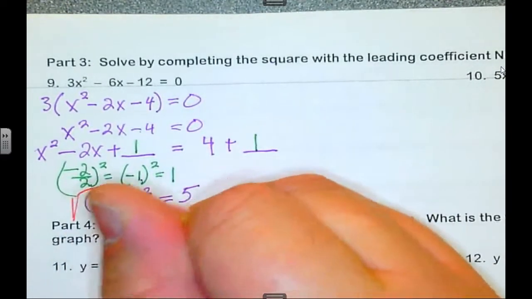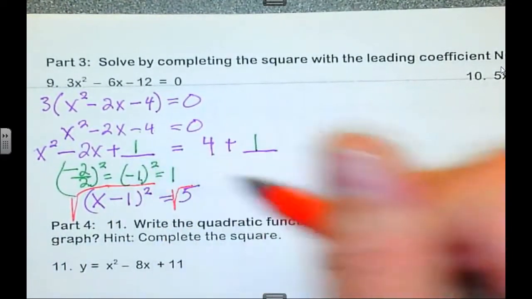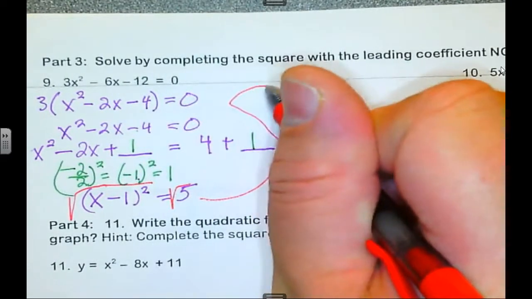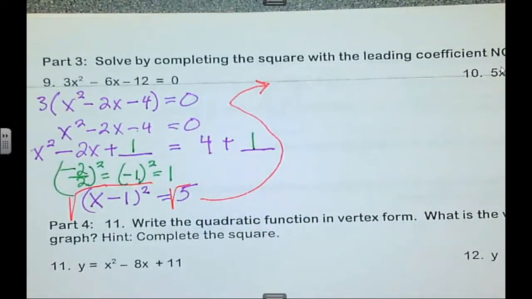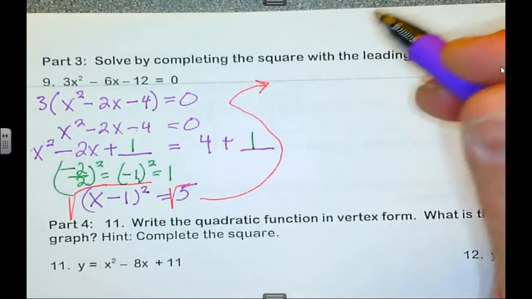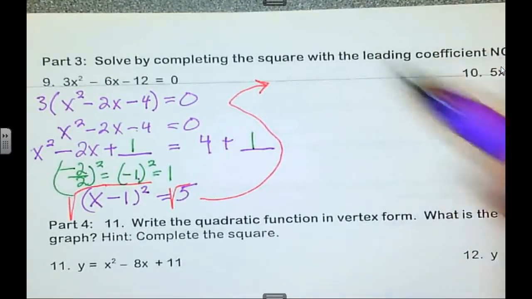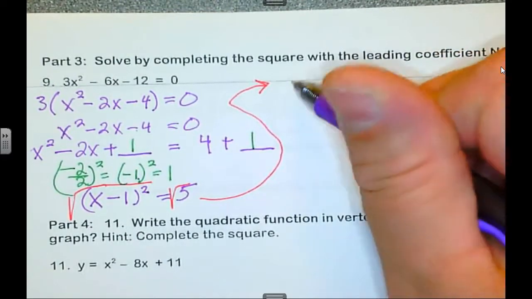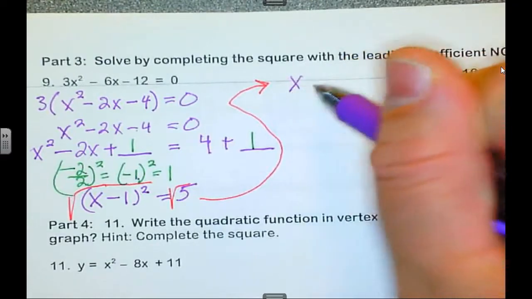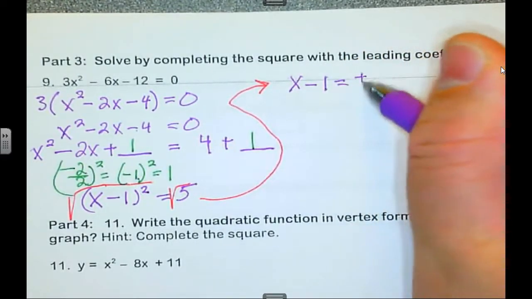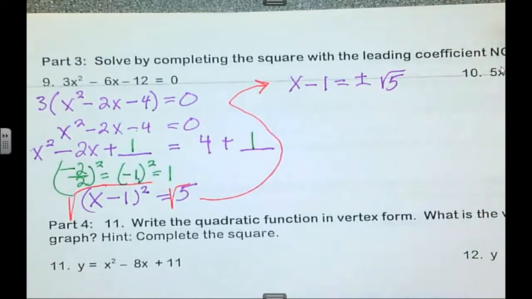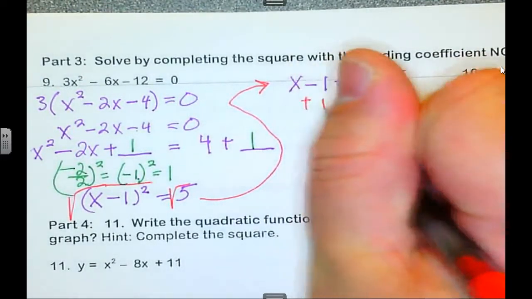Square root both sides. Oh, it gets worse. Just wait until tomorrow and the next day. So I get x minus 1 equals plus or minus the square root of 5. Add 1 to both sides.